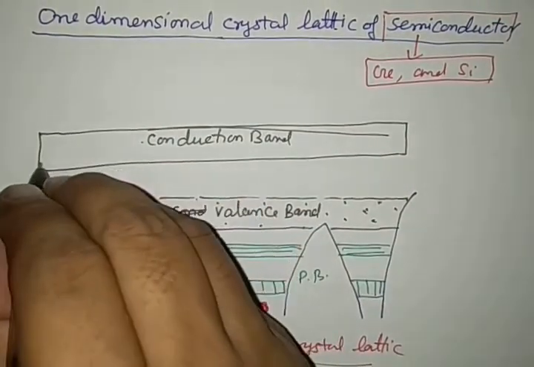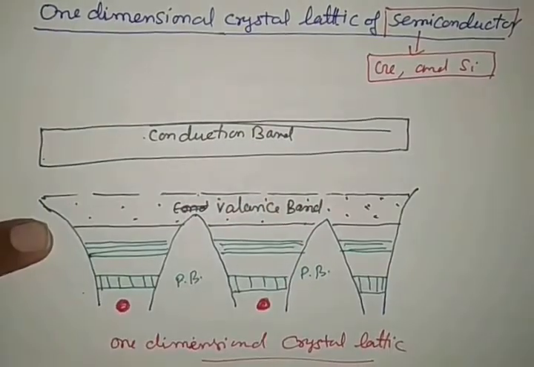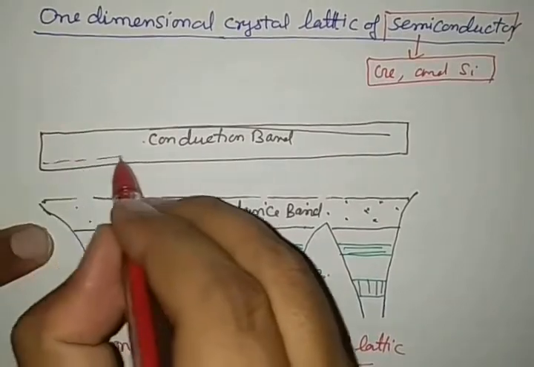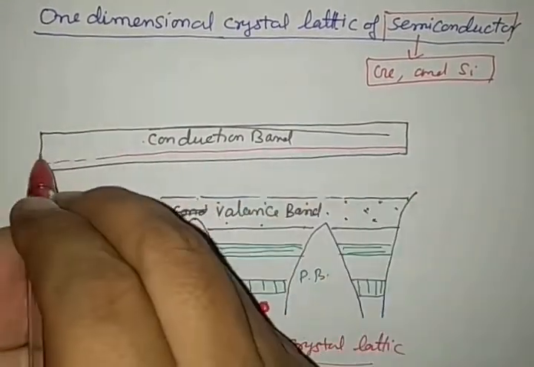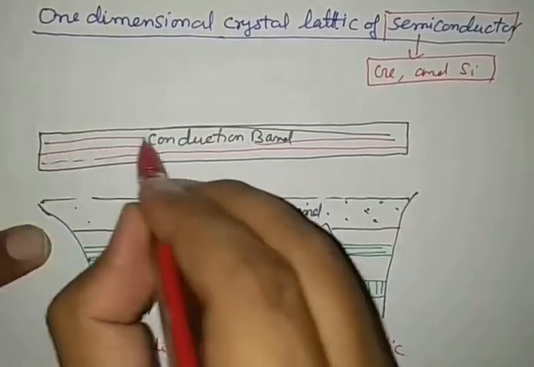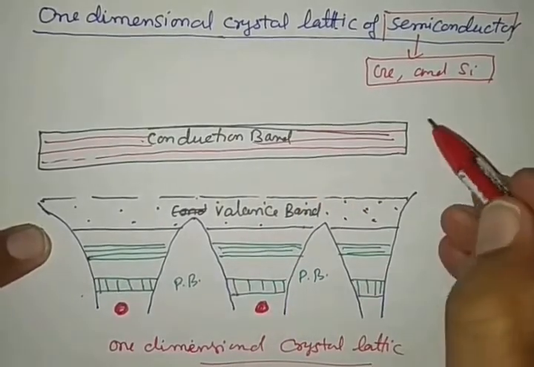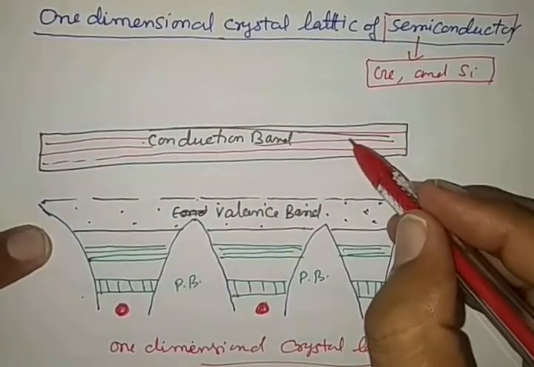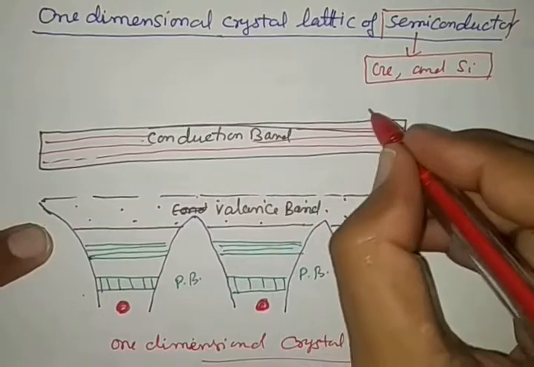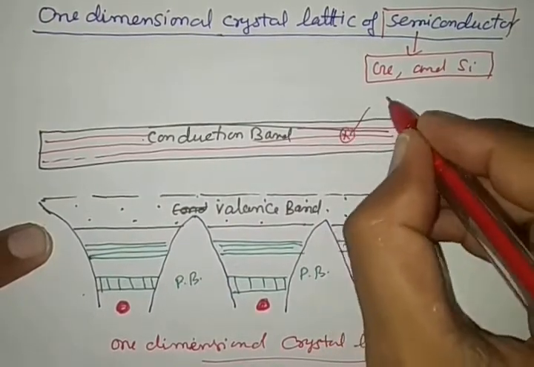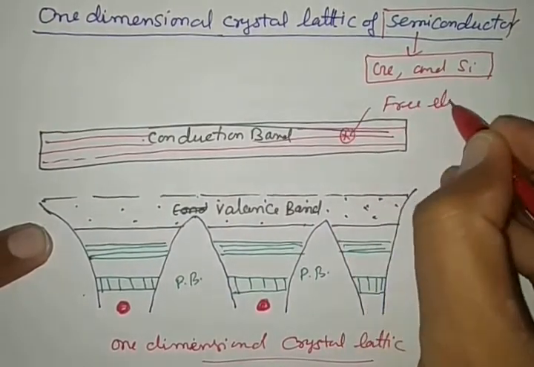Some electrons can also be possible in this band. This is the range of energy bands. If electrons are found in the conduction band, these electrons are called free electrons.